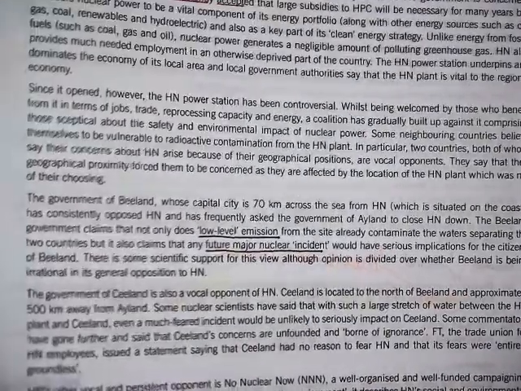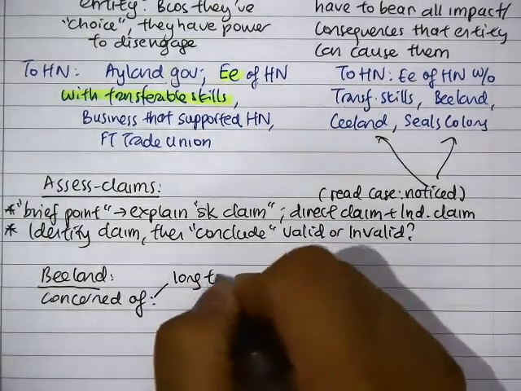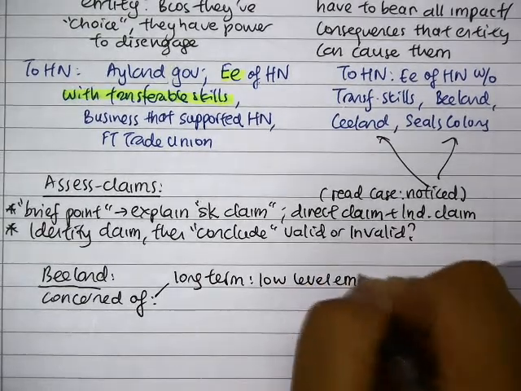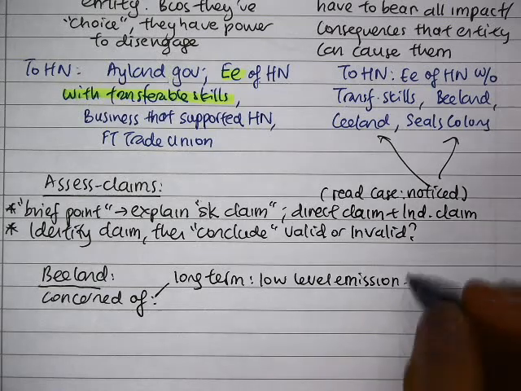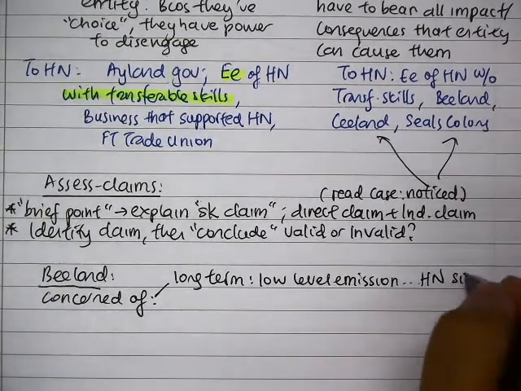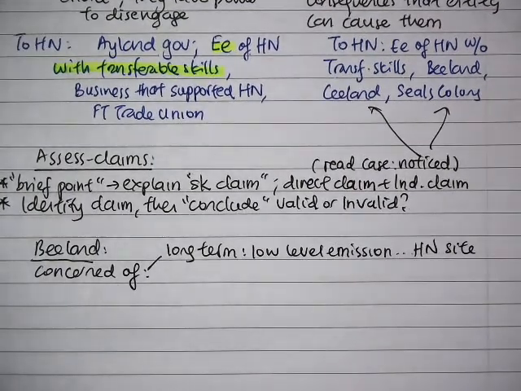Now, what is the issue that B-land is concerned about? The claim is what they are concerned of. I think B-land said something, right? Now, B-land said, not only am I worried about the low-level emission on a continuous basis, I also worry about a nuclear incident.